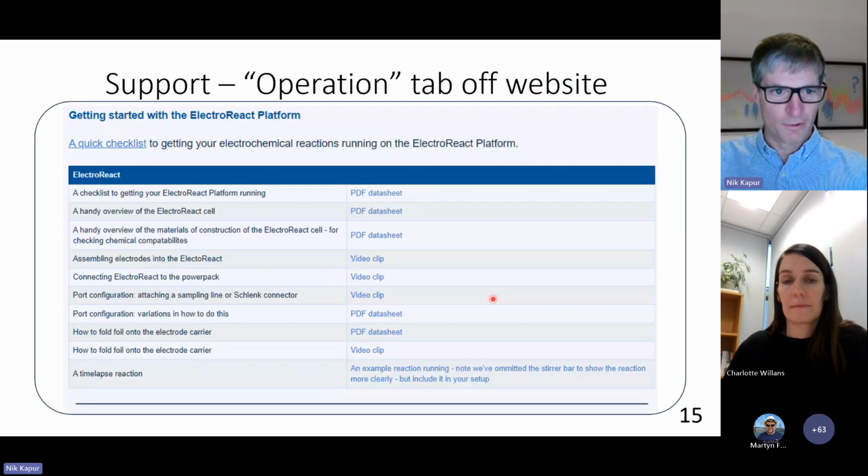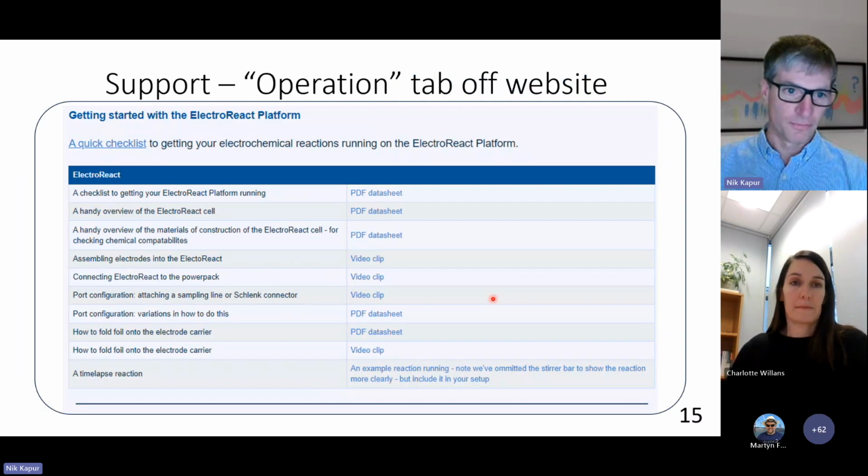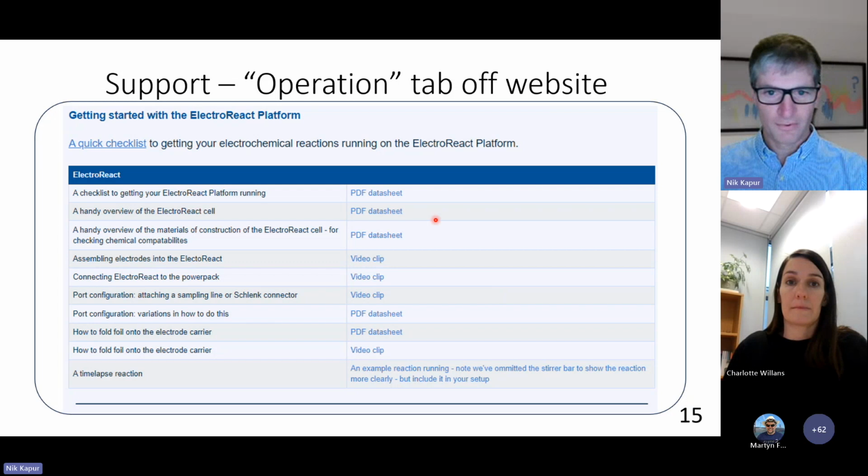But before we go there, I just thought I'd show you some of the support information that's available to you. So this is all of the information that's available to get you up and running with your ElectroReact system. So there are checklists, PDF checklists, overviews of the ElectroReact cell, all of the materials in use in the cell, so you know what the chemical constituents of the vial lid are, or the lid insert, all of those different parts.